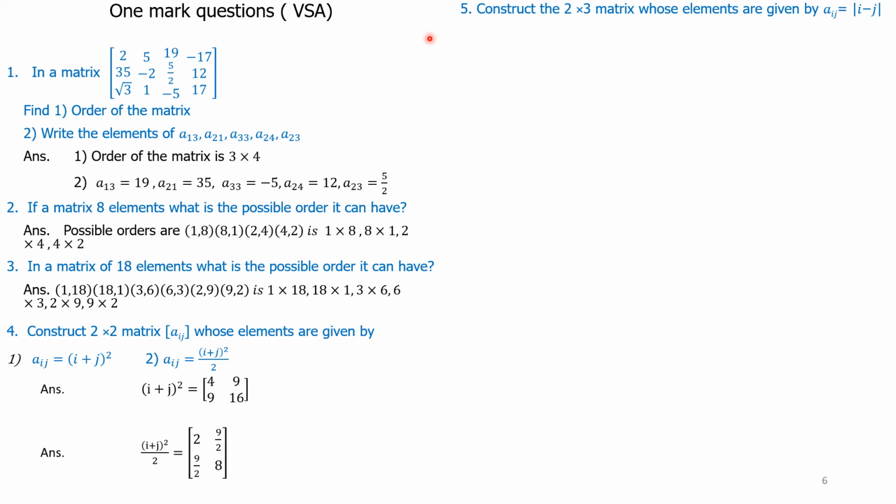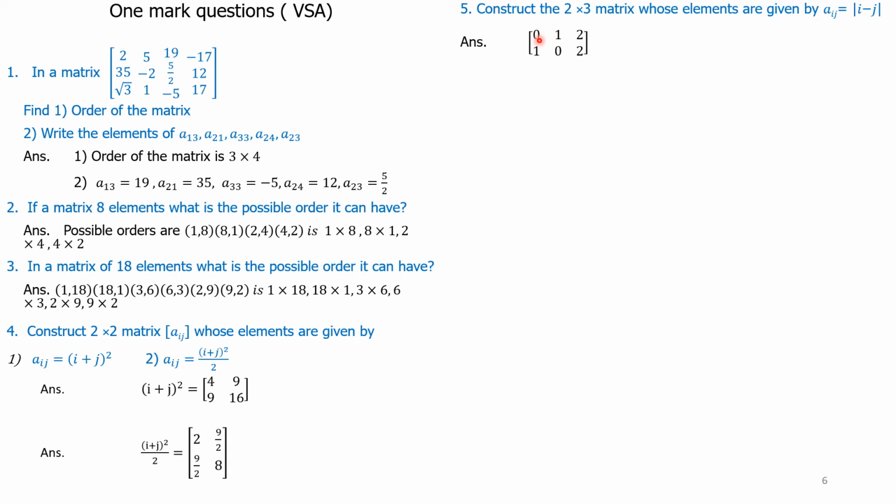Next question. Construct a 2 by 3 matrix whose elements are given by Aij is equal to mod of i minus j. First row, first column, 1 minus 1 is 0, mod 0 is 0.